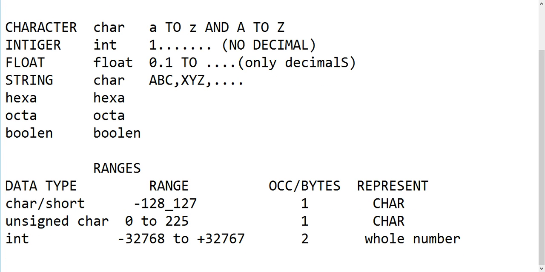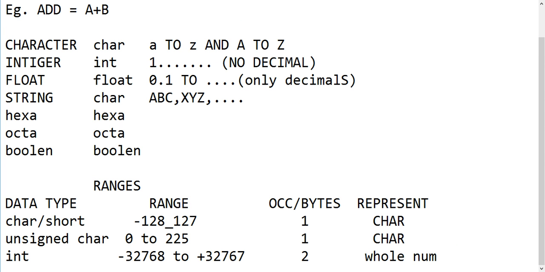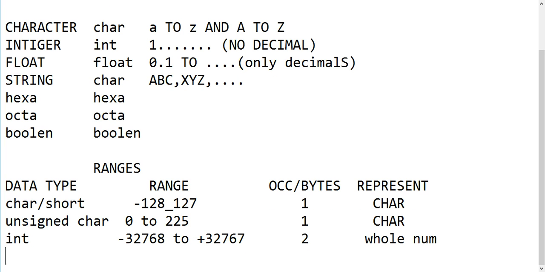Then unsigned integer. Its value is always positive. Any unsigned data type has its value always positive.